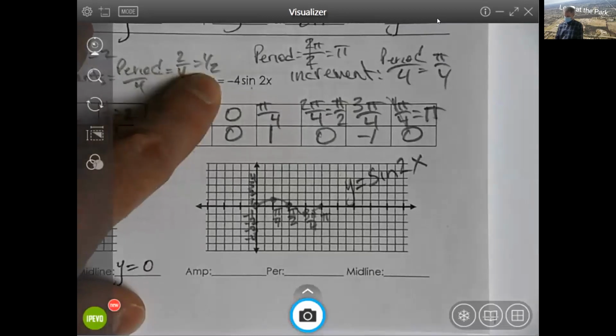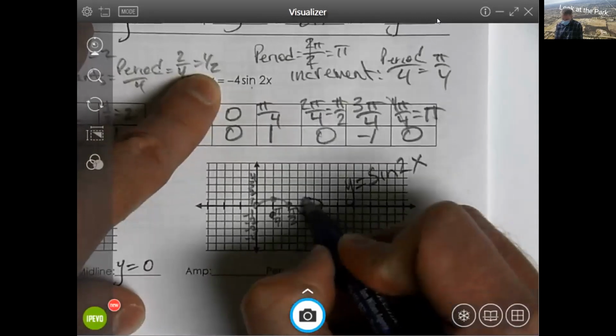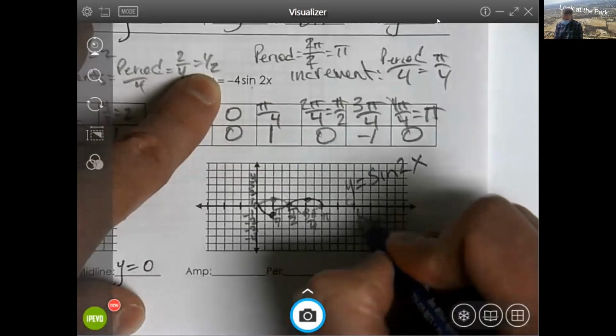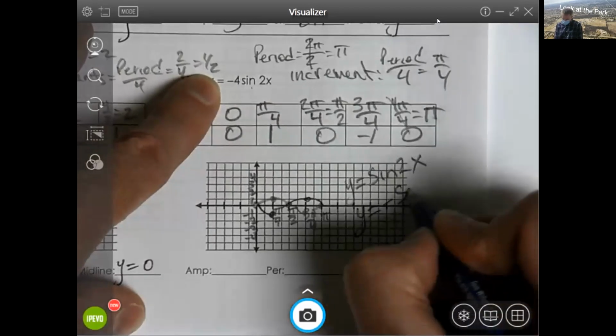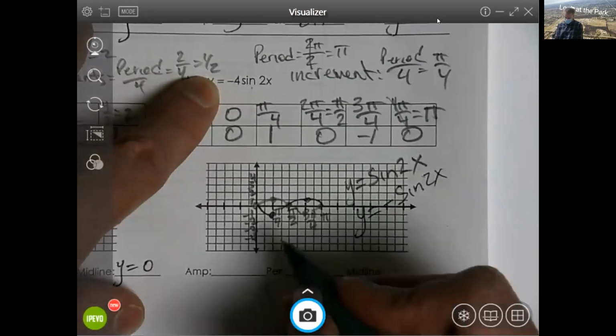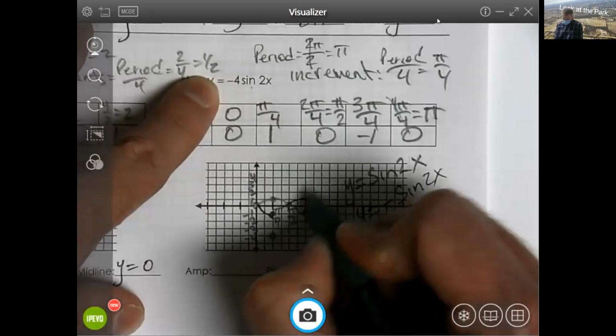Then we're going to reflect it. So it's going to come down and up. So that's y equals negative sine of 2x. And then we're going to stretch it. So it's going to go 4 times that direction.